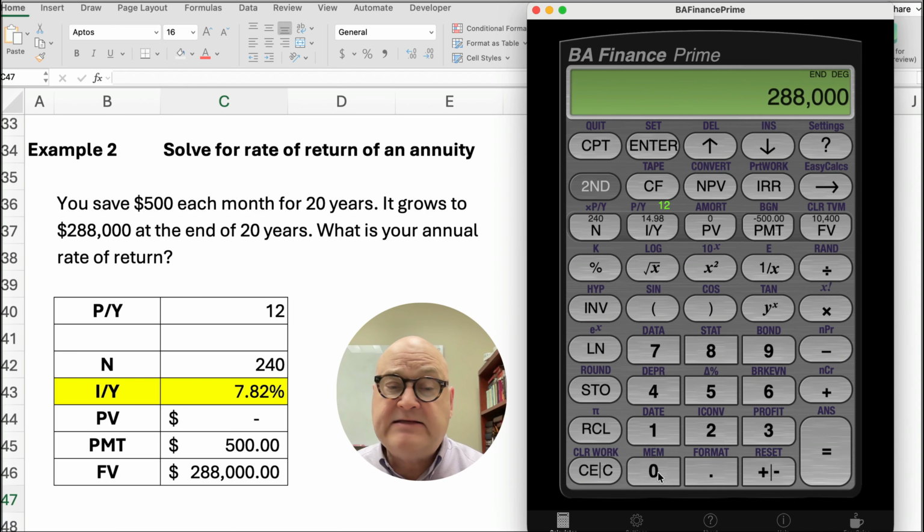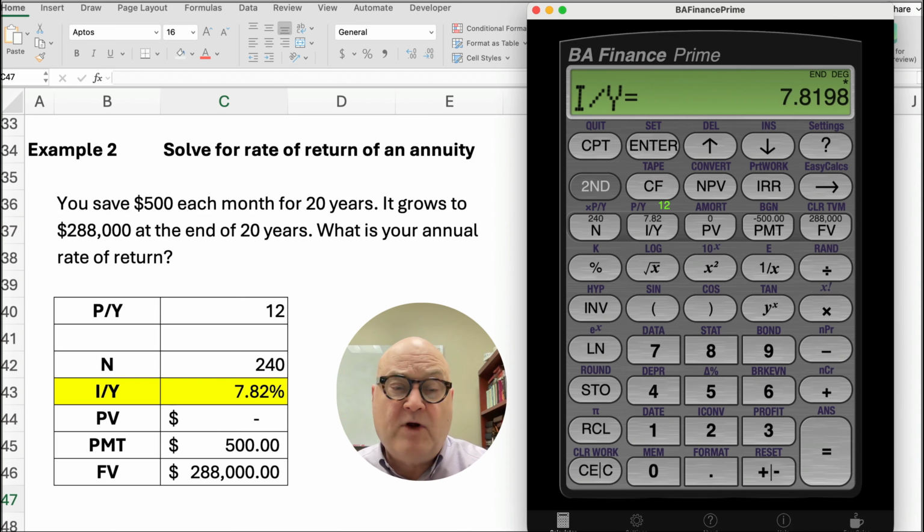So 288,000 is my future value. So compute the interest, and it's 7.8198, which would be 7.82. So that's the answer on this problem, example number 2.